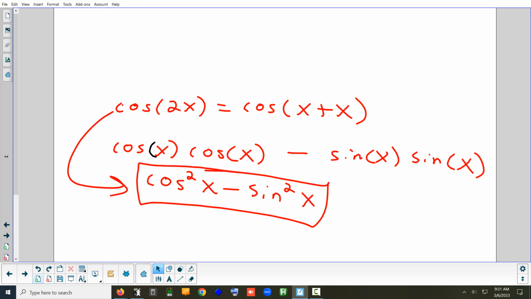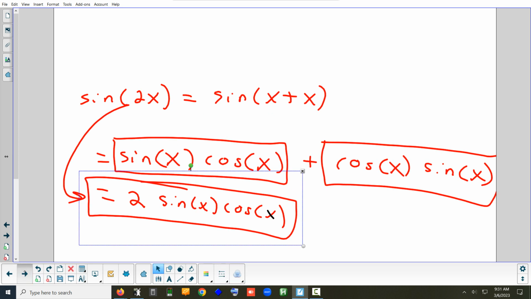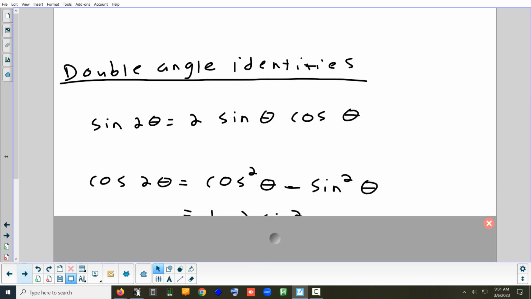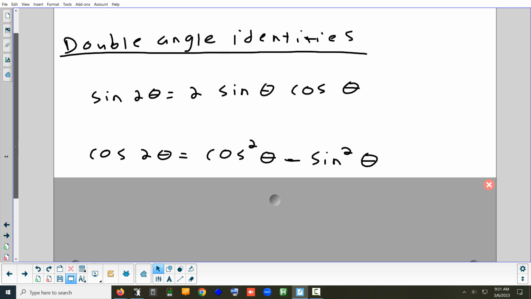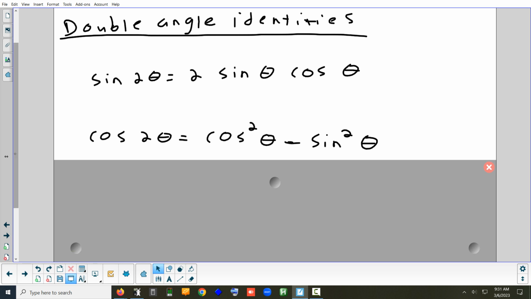Same idea for how you prove it, but it's a very different looking formula than for sine. It's cosine squared minus sine squared.